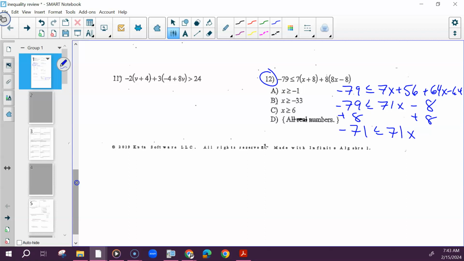So if we were to divide both sides by 71, we should get negative 1. So remember that this you can take and flip, and it should be the same direction as this. Oh, I changed the sign.